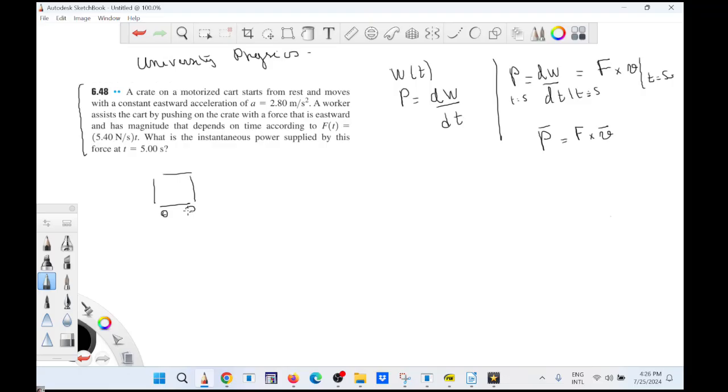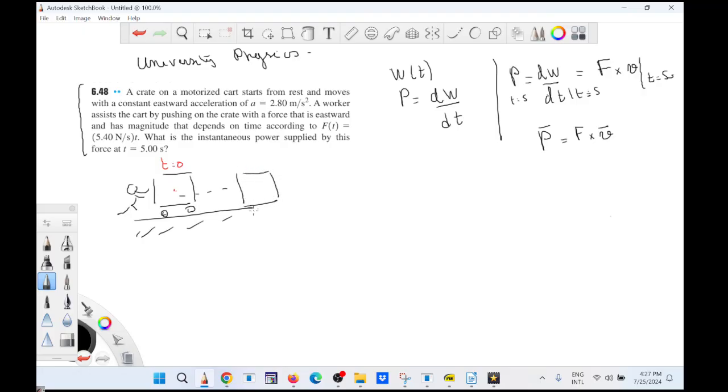So you have a crate here and someone is pushing. So energy is being transferred from the person to the crate. So that will be work done on the crate. So at t equals 0, there is no speed. And it's gonna speed up here, boom, boom, boom.